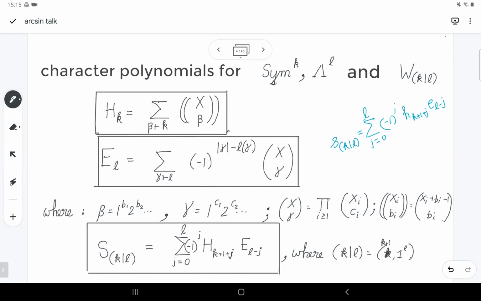L determines the number of terms, or L plus 1 is the number of terms, because j starts at 0. Okay, K is the arm, and L is the leg. Right, got it. Thank you.